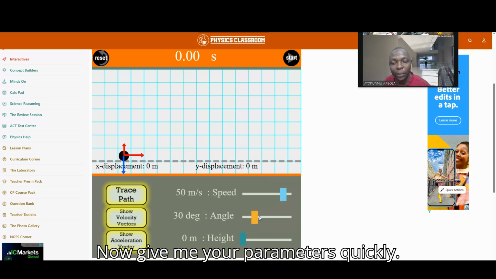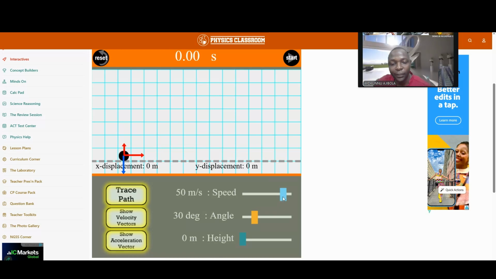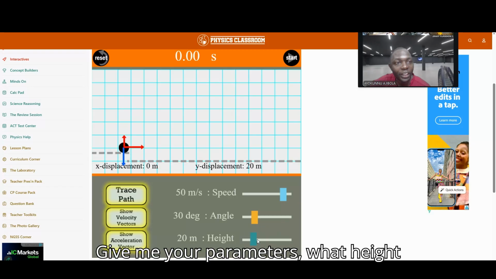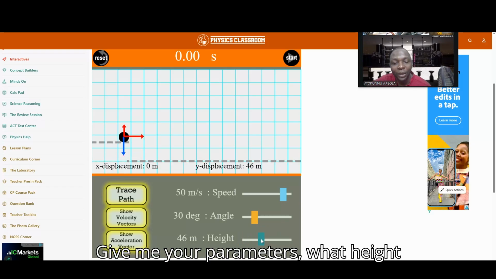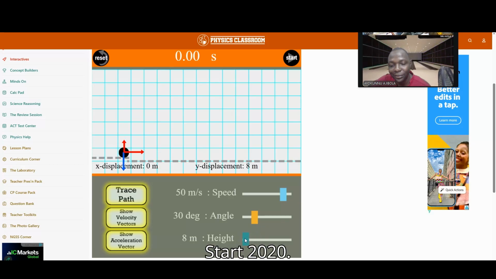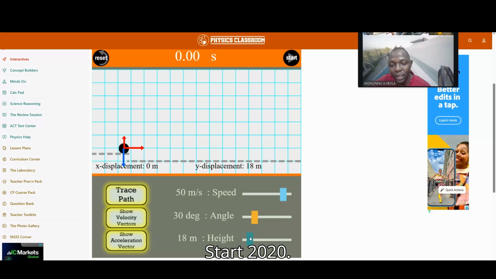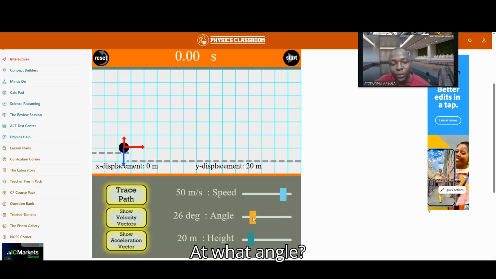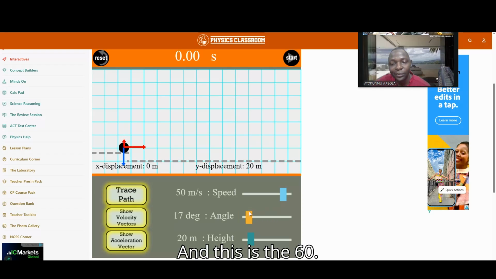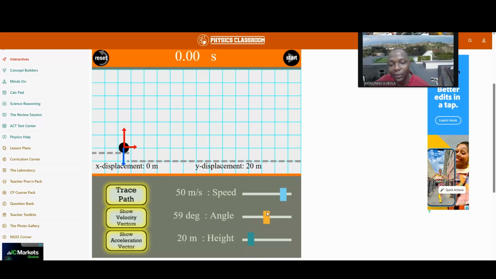Boluwatife, give me your parameters quickly. What height do you want? 20. At what angle? 60. Yes, sir.